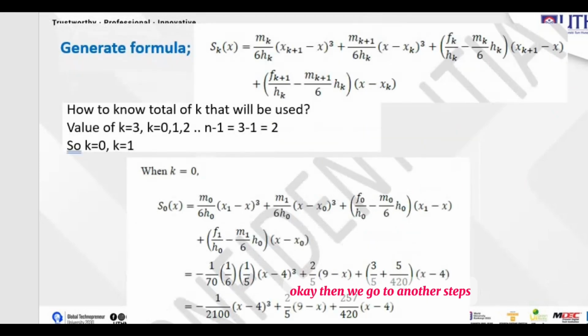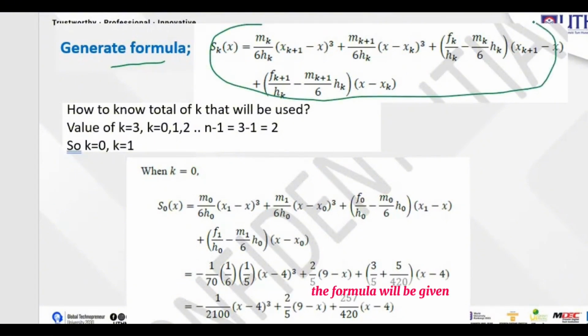Okay, then we go to another step, which is you need to generate the formula. So this is the formula. Okay, the formula will be given. So how to know the total of K that will be used? We know that for this question, we have 3 values of K, starting with 0, 1, 2. So you use n minus 1.